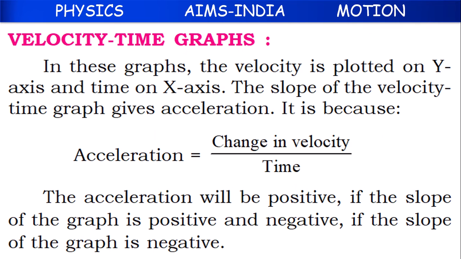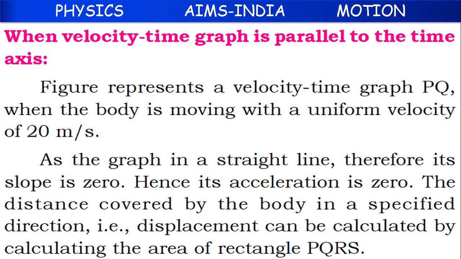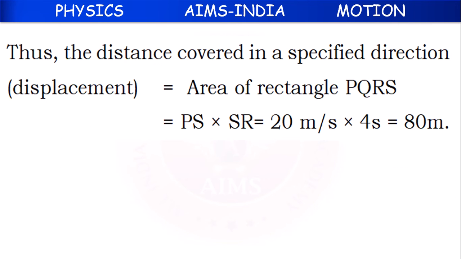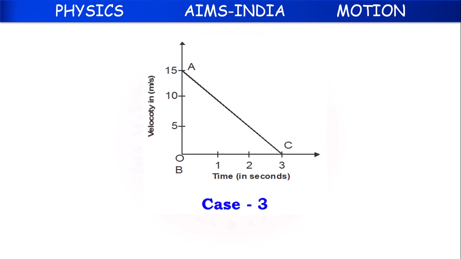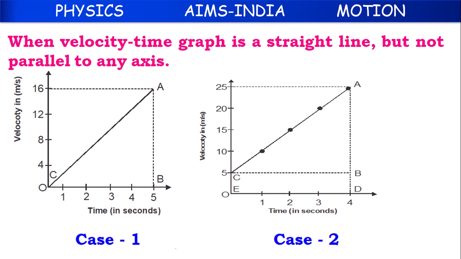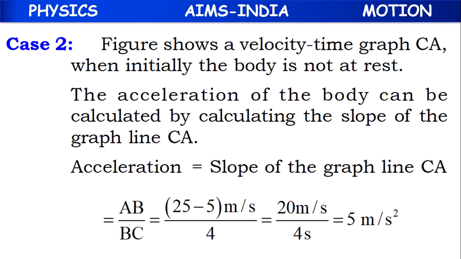After that, we studied velocity time graphs: when it is parallel to the time axis, how to calculate slope and area. When it is not parallel to the time axis, when it is a straight line starting from the origin or from some other point, in that case we calculated slope and area.